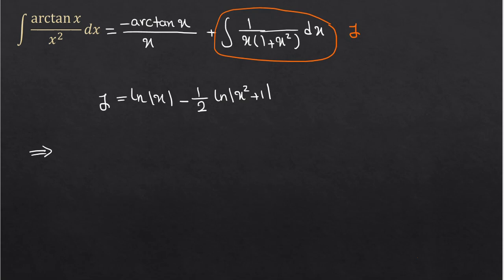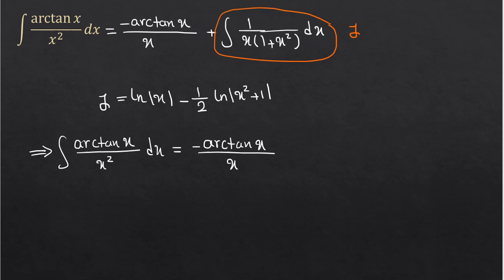So now I have that the integral of arctan x over x squared dx is equal to minus arctan of x over x plus j, so it's going to be ln of x minus half ln of x squared plus 1.